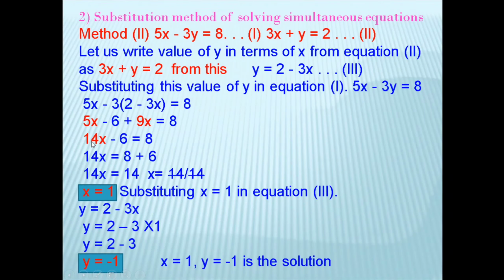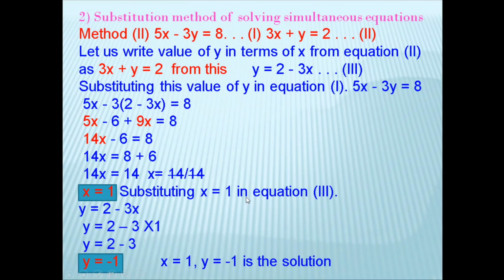Sum of 5x plus 9x is 14x. 8, minus 6, this minus 6 goes to the other side of the equation for addition. 14x is equal to 8 plus 6, 14x is equal to 14. So x is equal to 14 upon 14. The value of x is equal to 1.